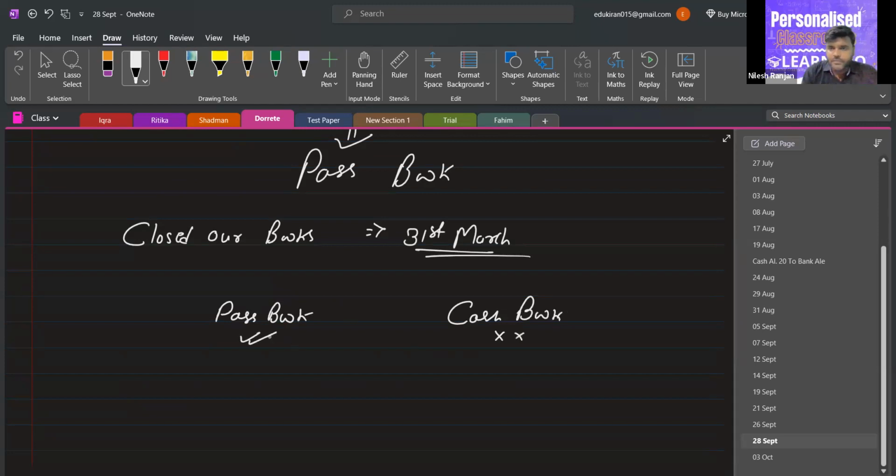Okay. Understood or confused? No, sir. I understood, sir. Okay. So it is recorded in passbook, but not in cash book. Now we are preparing our bank reconciliation statement by taking the balance of cash book.